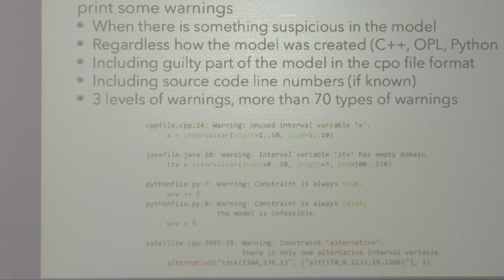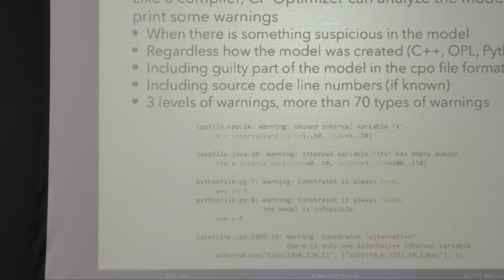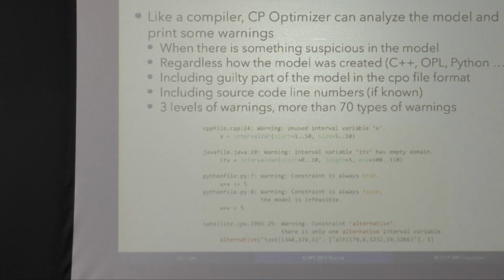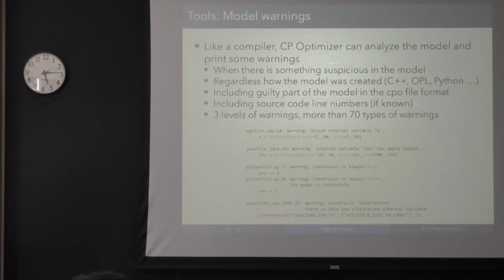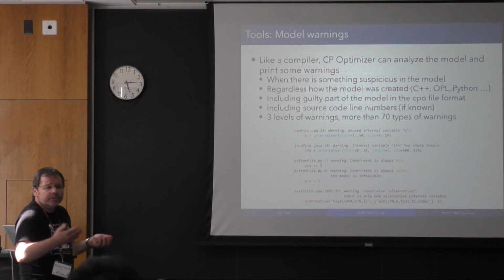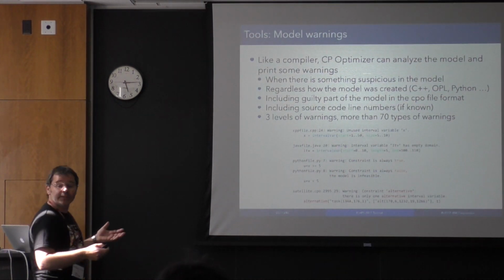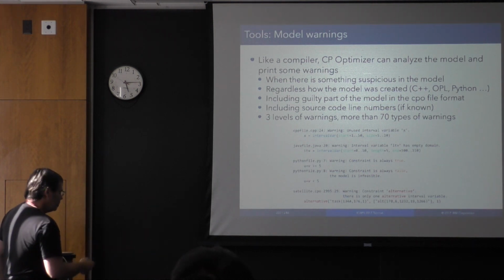So there is also the notion of warnings. You can see CP Optimizer when it runs as a bit like a compiler. It will analyze the model and say, okay, there are strange things here. Maybe it's not a problem at all, but this way you are aware of some things that you didn't expect to be in the model, and it can help you do something.